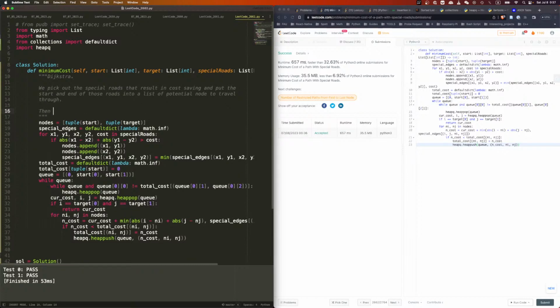Then we run Dijkstra on the list of nodes from start to target.